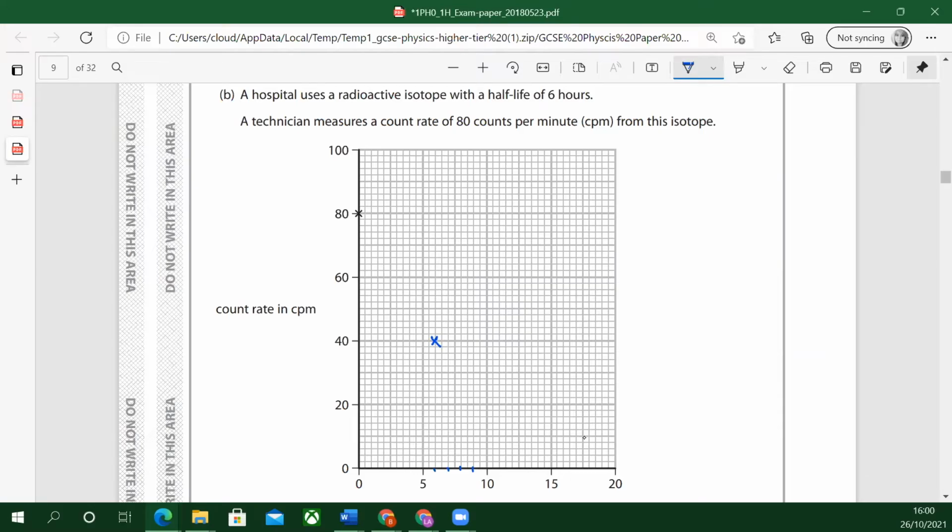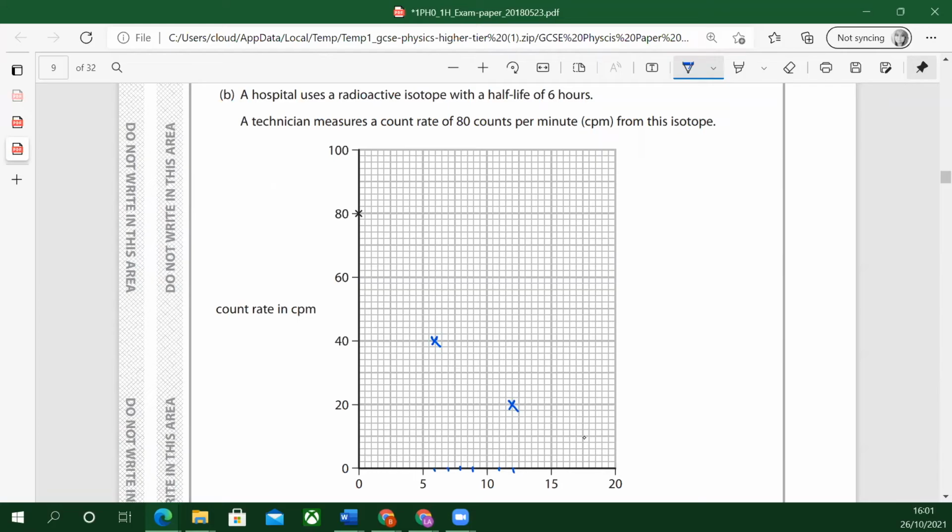Okay, so we need to go through another half-life. So another 6 hours, so that'll be a total of 12. So that's 11, that's 12. So we're going to go up to 20, because half of 40 is 20. And you get the characteristic graph going on.